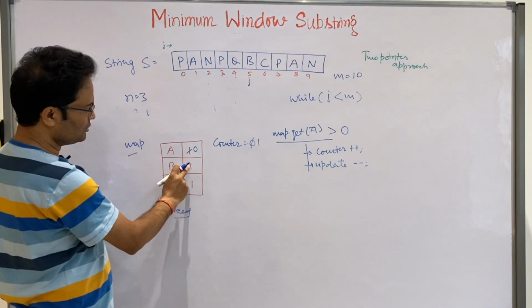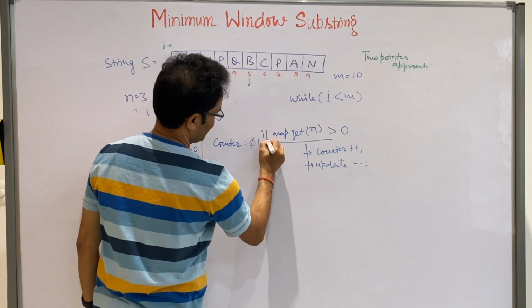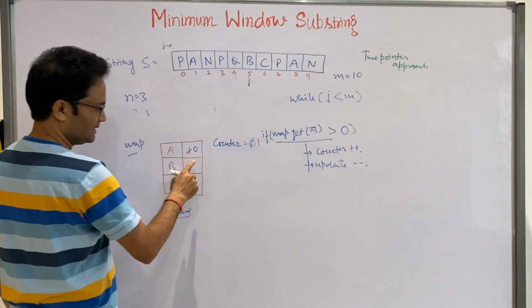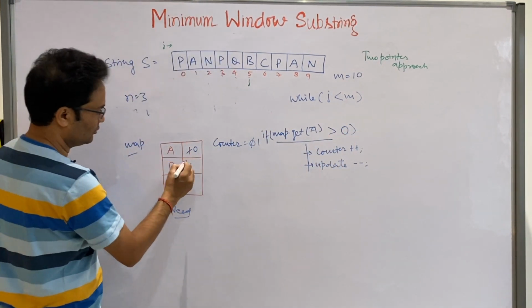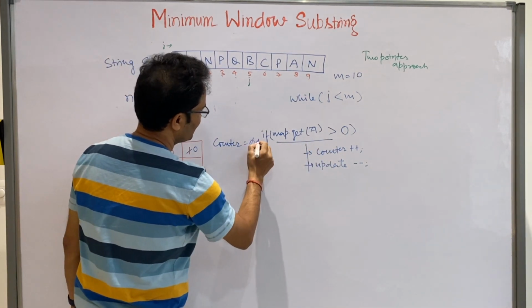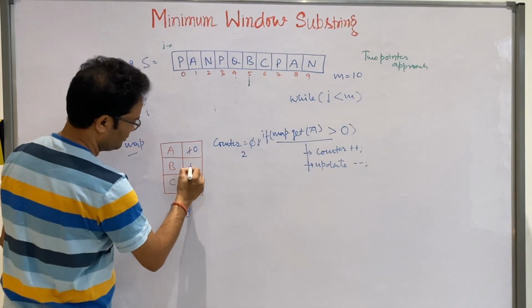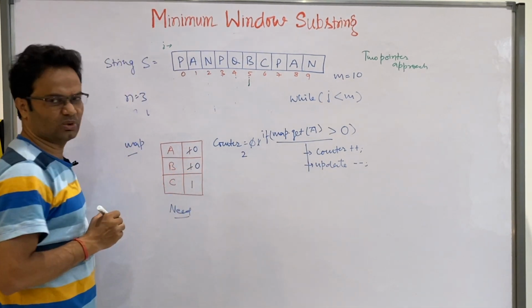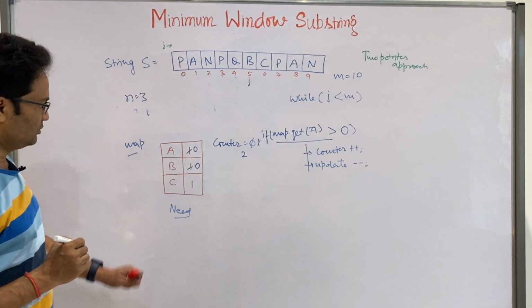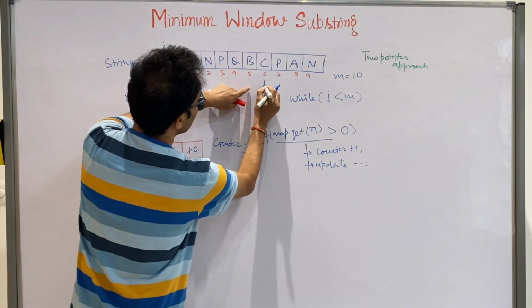This B value is more than 0? Yes. If the value is more than 0, then counter increment by 1. Now counter becomes 2 and update this number minus 1. So it becomes 0, right? Again J move here.